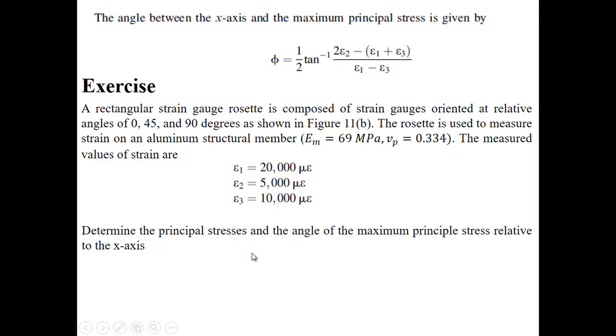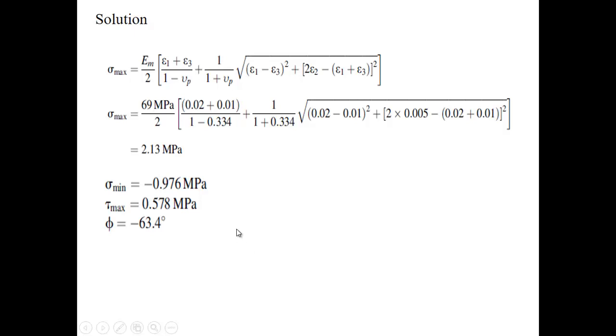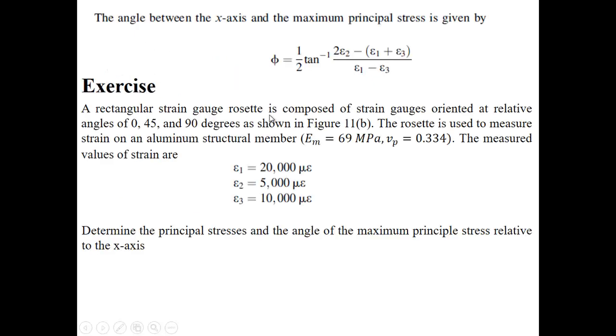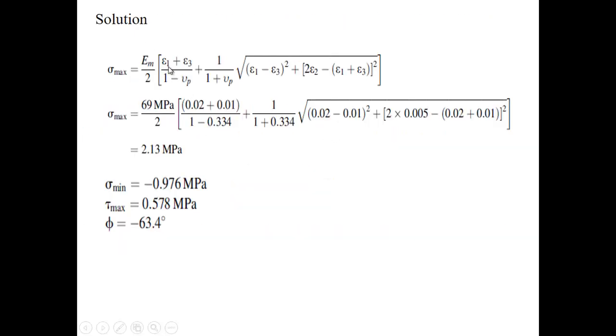What you need to do is just refer to the equation given to you. From here you have all the values, so you just substitute them. From E you have 69, so you already have your strain 1 and strain 3.